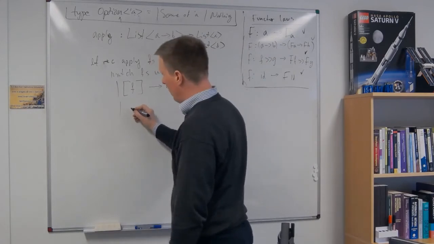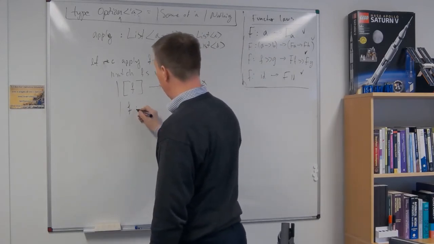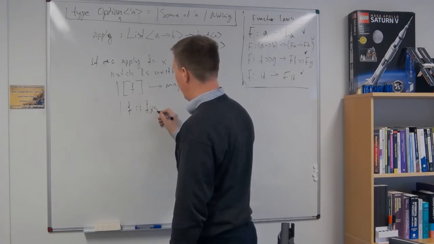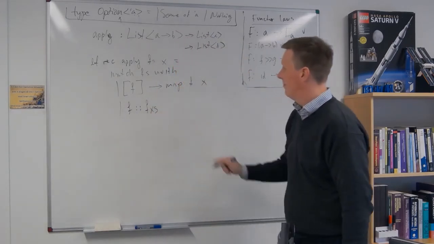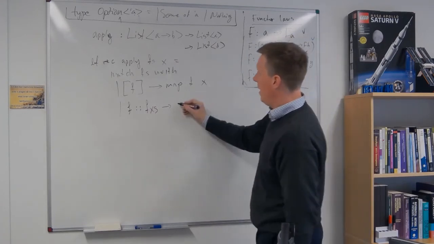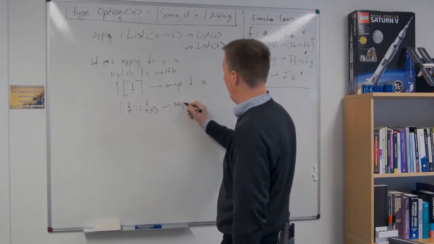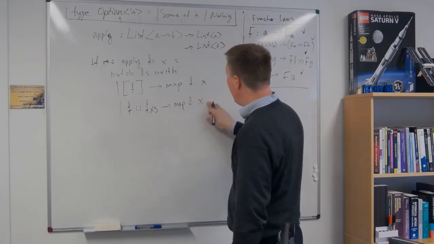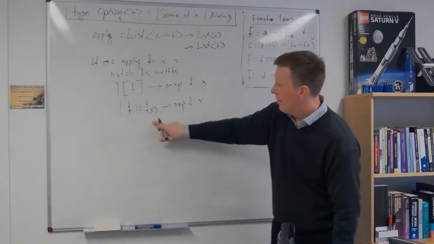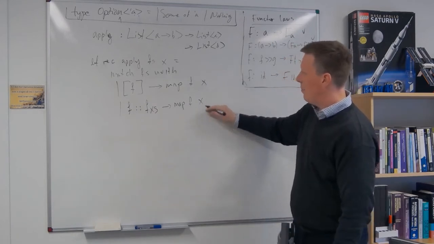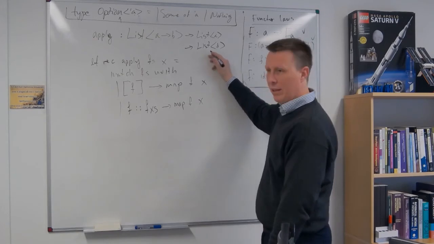The other possibility we have is that we have some f and we have some fxs. And again, we can take this f and map f onto x. And now we need to do something else. Now we have the rest of the functions. And I can't just say, okay, just append this to a new list, because then I'm going to get a list of a list.